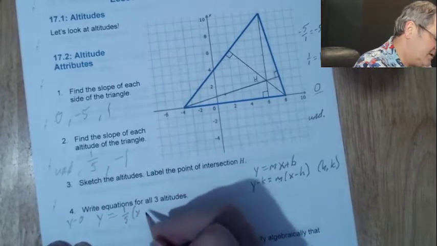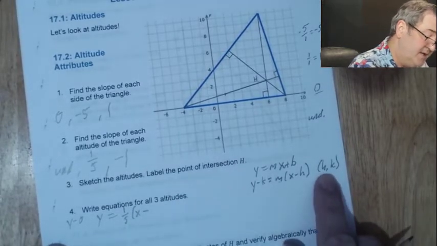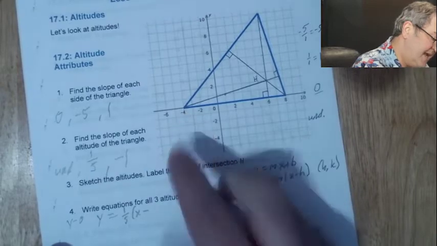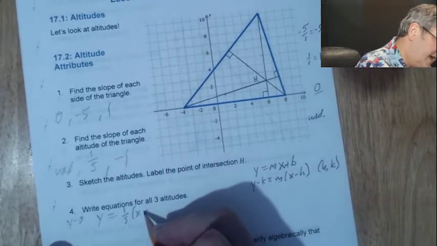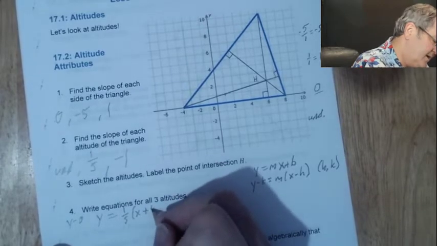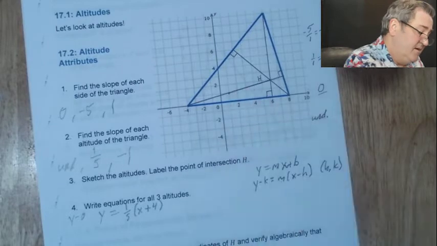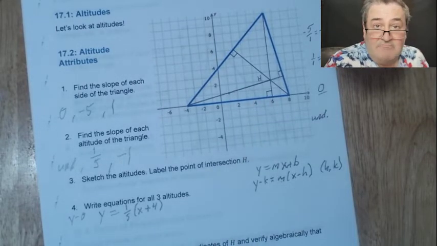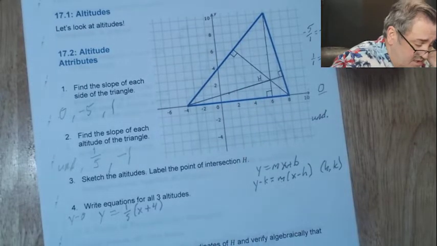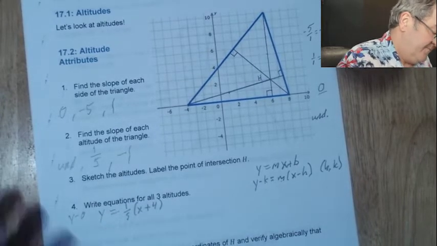Then we put x minus, what is our h? What is the x coordinate of that point? It's -4. So if it's x minus -4, you subtract a negative, you add. So that is the equation for that line right there. All right, fabulous. So y equals 1/5 parentheses x plus 4.